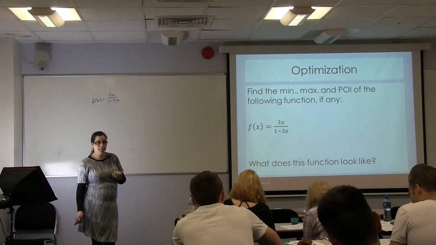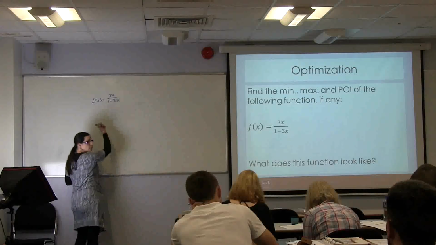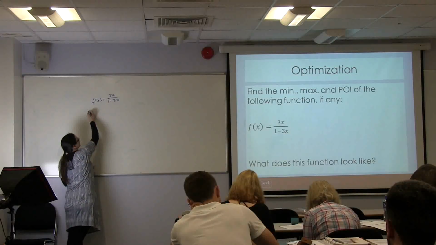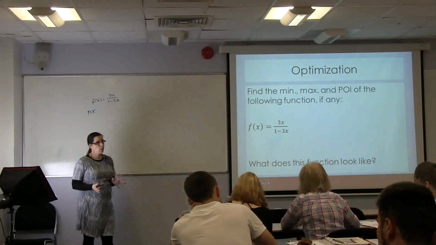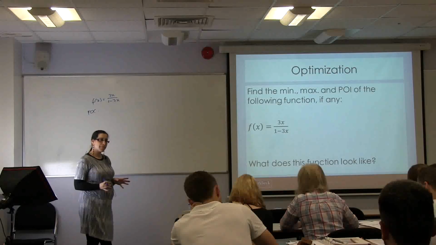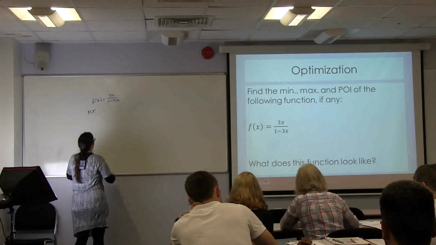What are we going to do? First, we need to differentiate the function. What kind of function is this? A quotient. So we need to use the quotient rule.